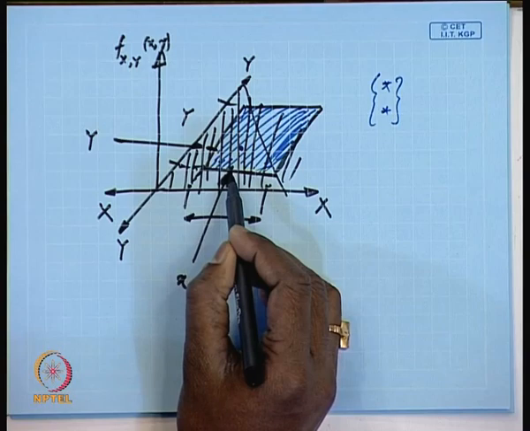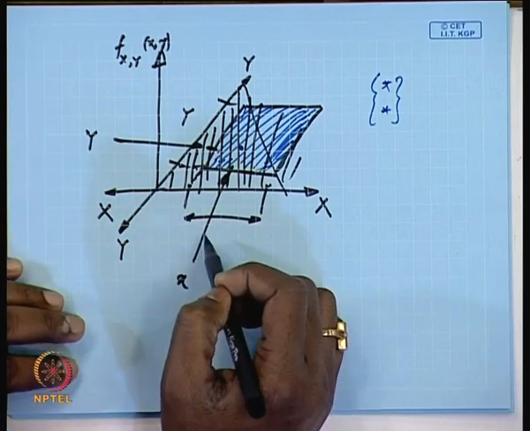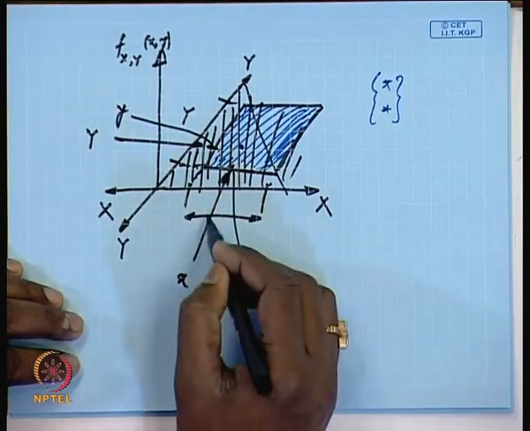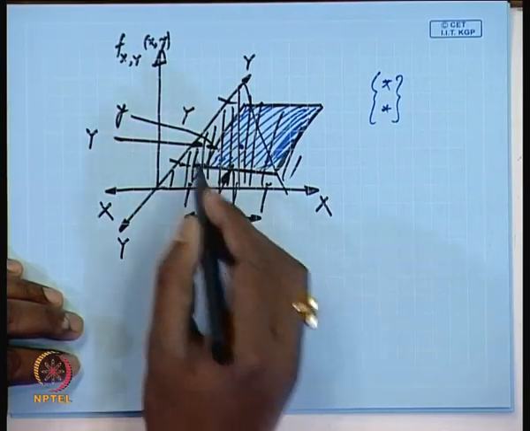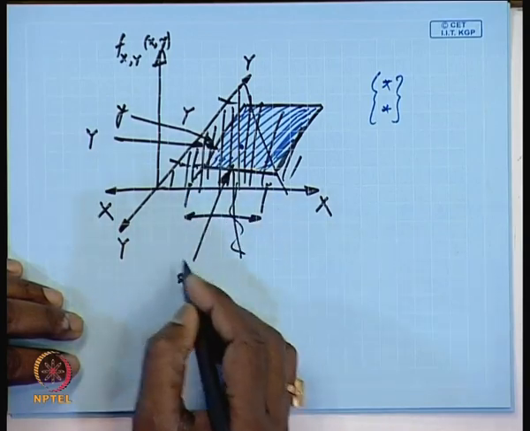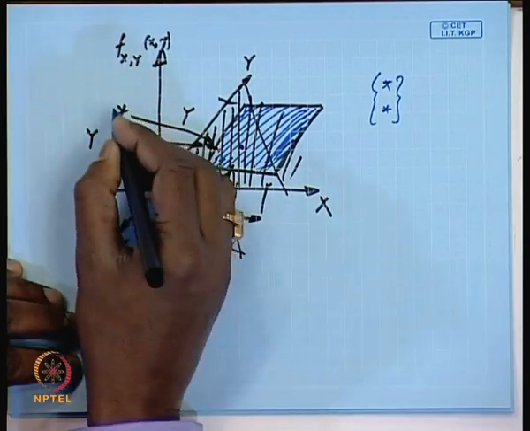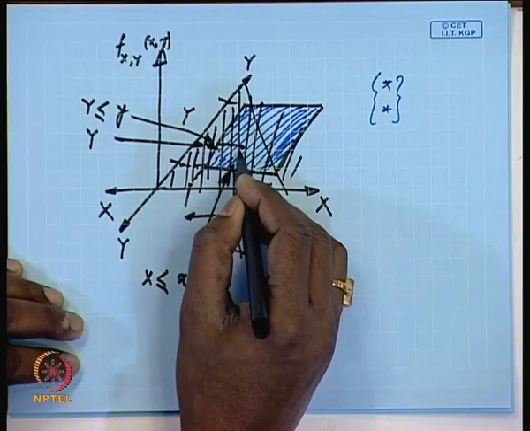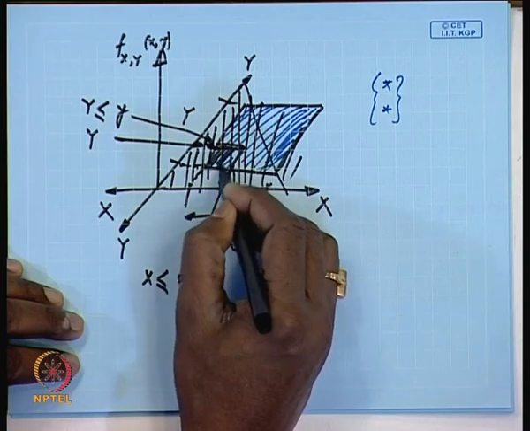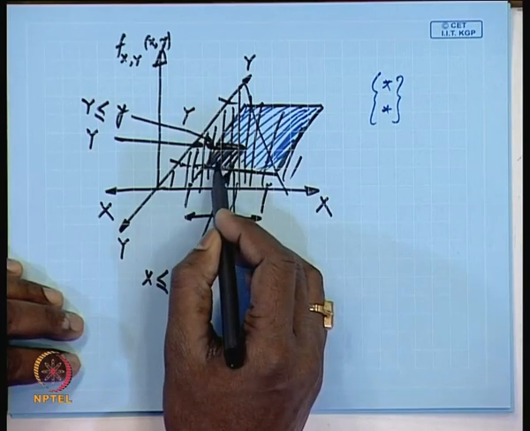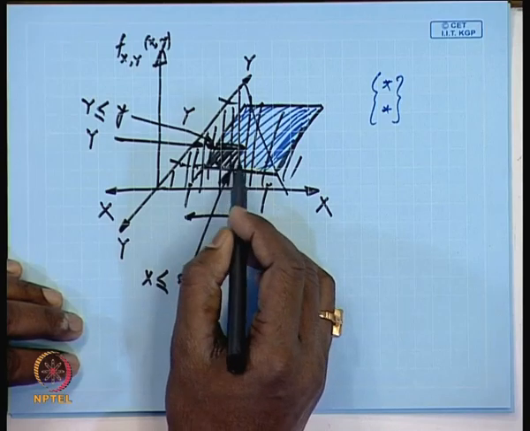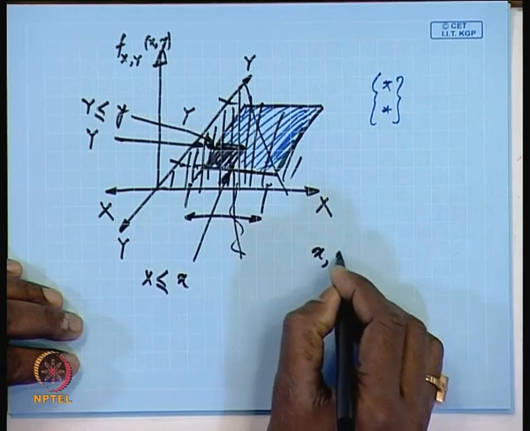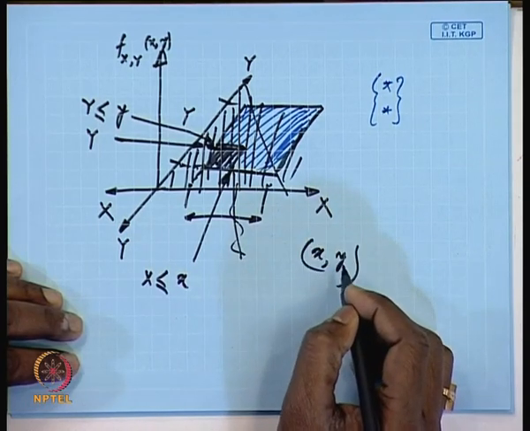Now in the bivariate case, suppose this is the specific value y and this is the specific value x that I have shown here. Both conditions must hold: X should be less than or equal to x, and Y should be less than or equal to y. If we integrate the total probability over this area, that gives the probability distribution up to the point (x, y).